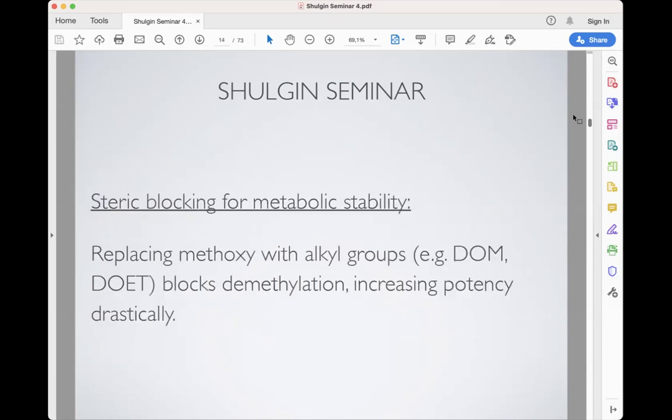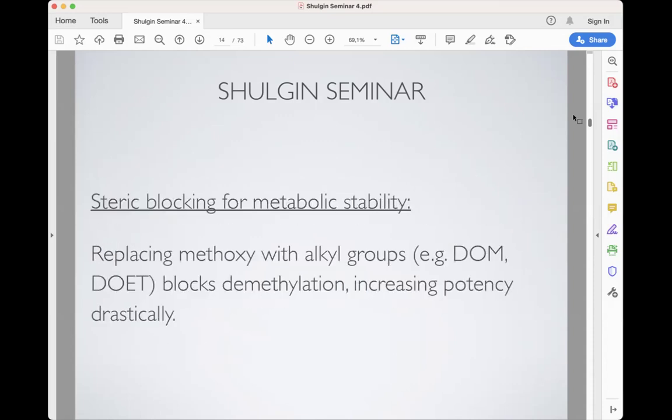Yes, and there's another possibility mentioned, namely replacement of the alkoxy group with an alkyl group, which increases potency, which results in the OM, the OET, and so on.